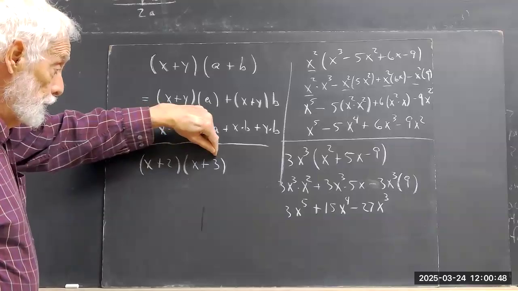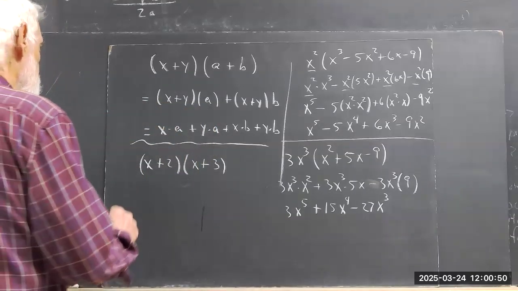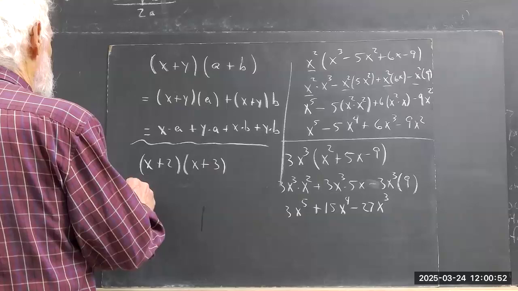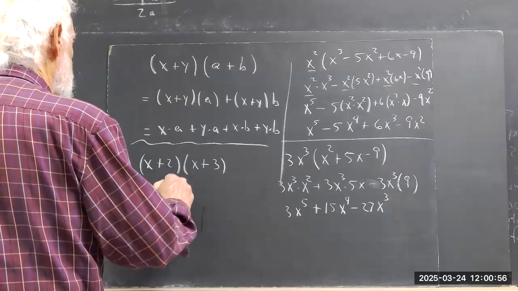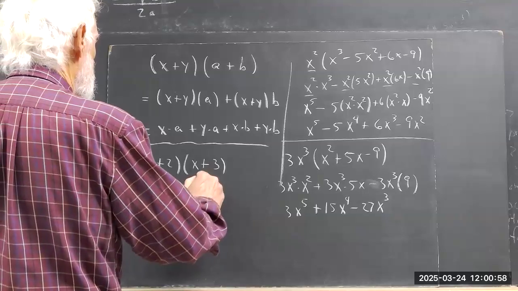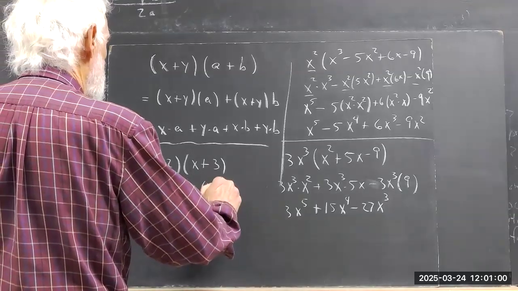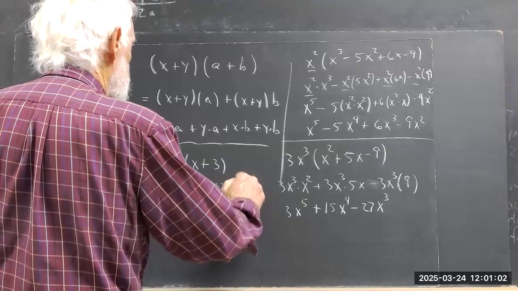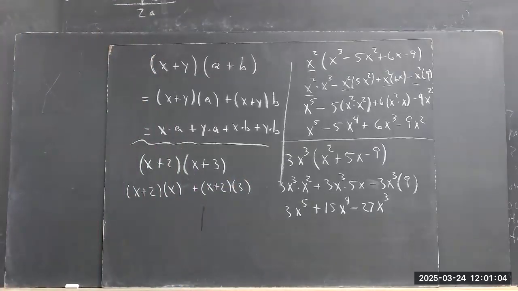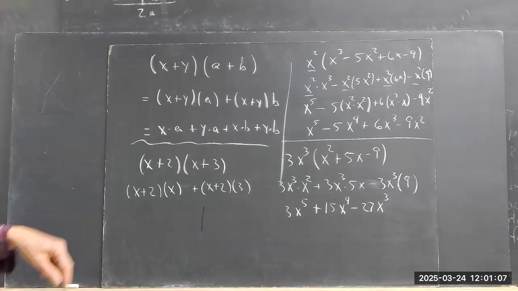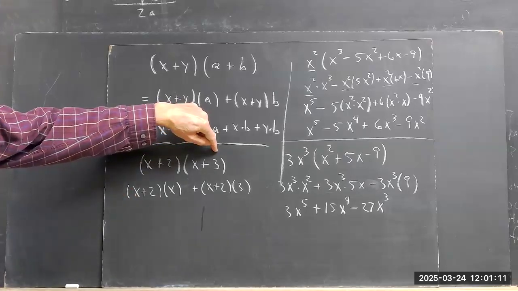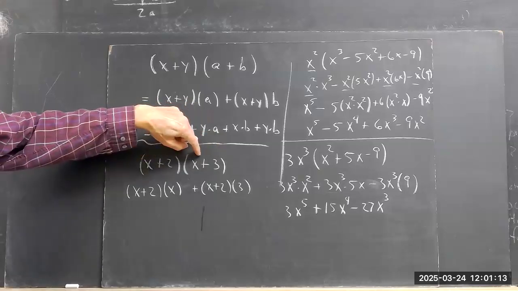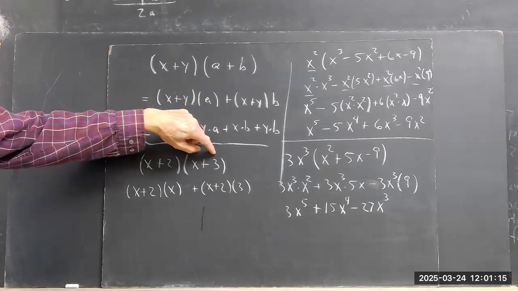And it multiplies every term. So we have x plus 2 times x plus 2 times 3. X plus 2 multiplies this, and it multiplies this. This times this, added to this times this.